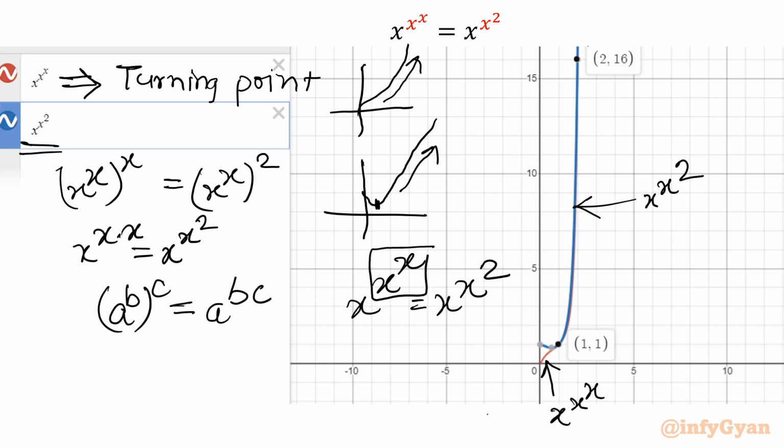It is changing its behavior. Now it is parabolic, a parabolic exponential function. Here you will say this is like a line, only a monotonic increasing function.